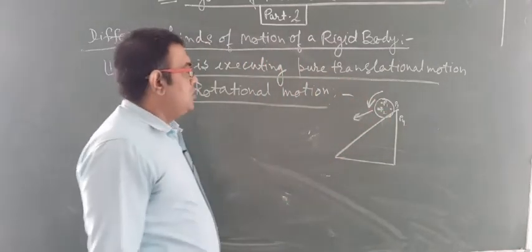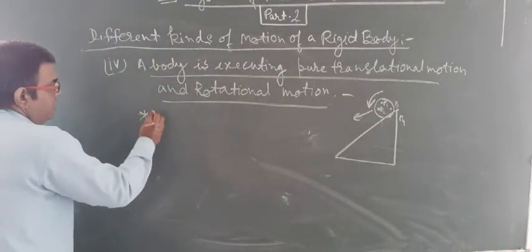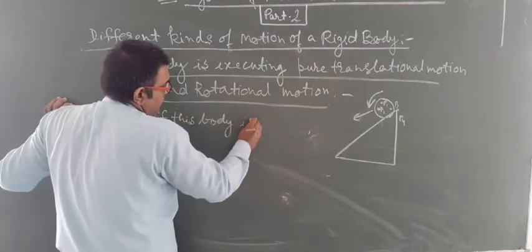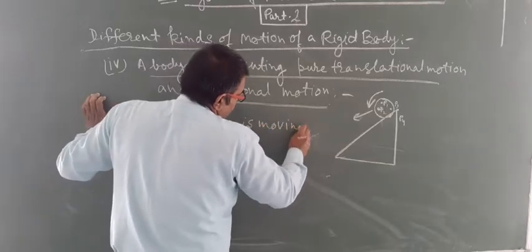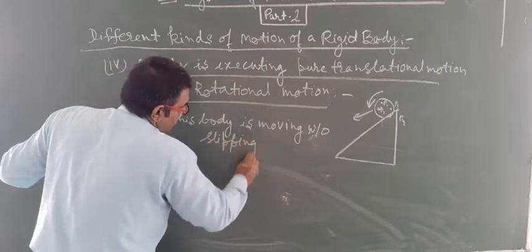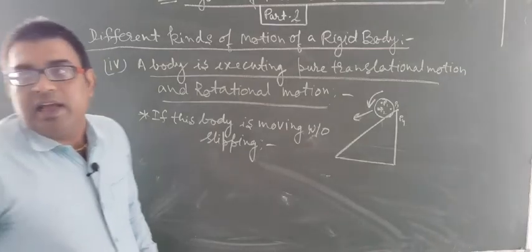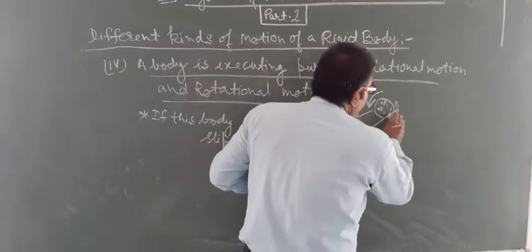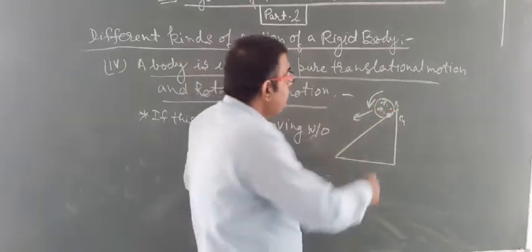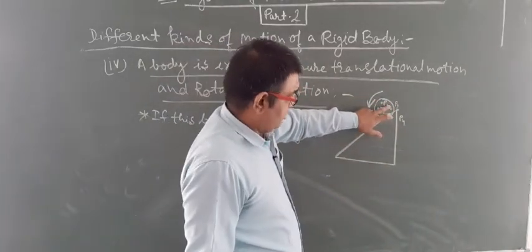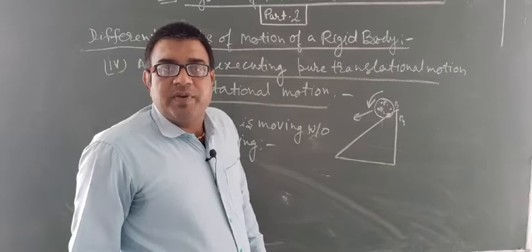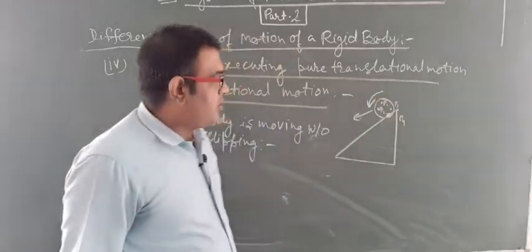If this body is moving without slipping, then point P4 moves with a different velocity, point P3 also moves with a different velocity, P1 also, and P2 also moves with different velocities. These objects are moving on the inclined plane.